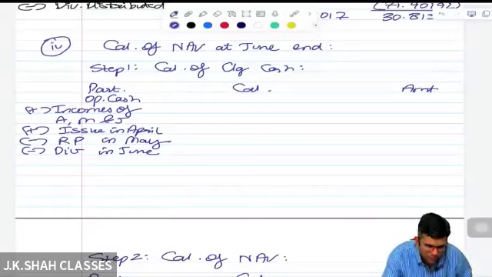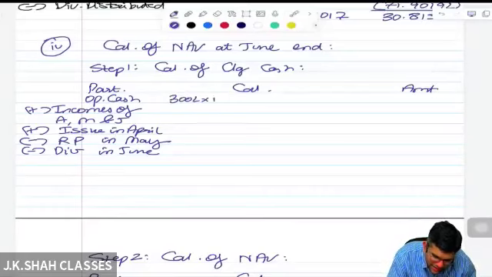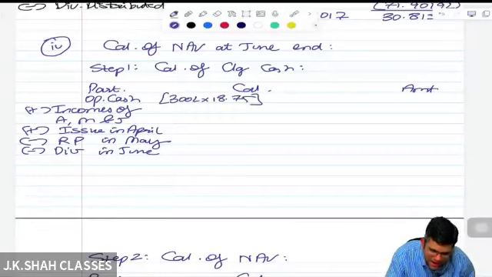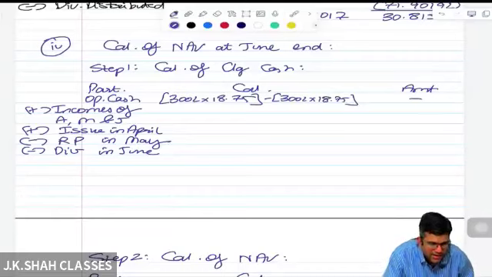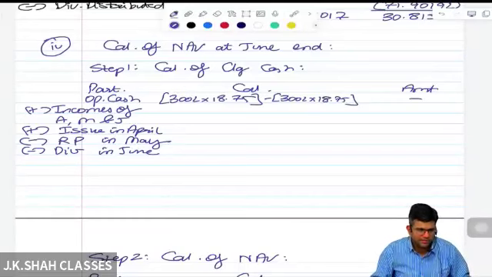Now let's start with opening. Students, look at what I'm doing here. Can I say 300 lakh at the rate 18.75 is what you issued? And that entire 300 lakh into 18.75 you invested in shares. Can I say you start with nothing? Everyone clear? You start with nothing. If you remember, there was one question like this where you had raised 100 lakh, but you had invested only 98 lakh, and then the opening cash was 2 lakhs.